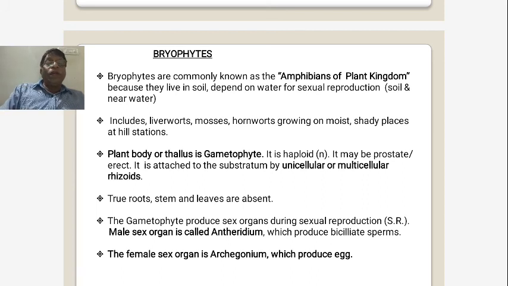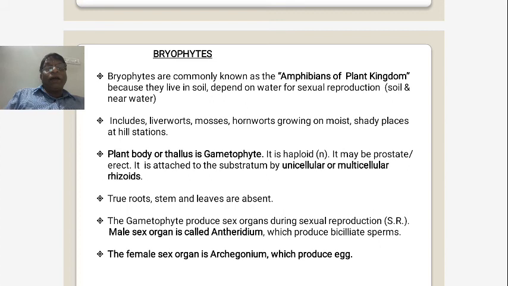This archegonium is a flask-shaped body differentiated into an upper lid, a middle stalk-like part, the neck, and the lower part called venter.